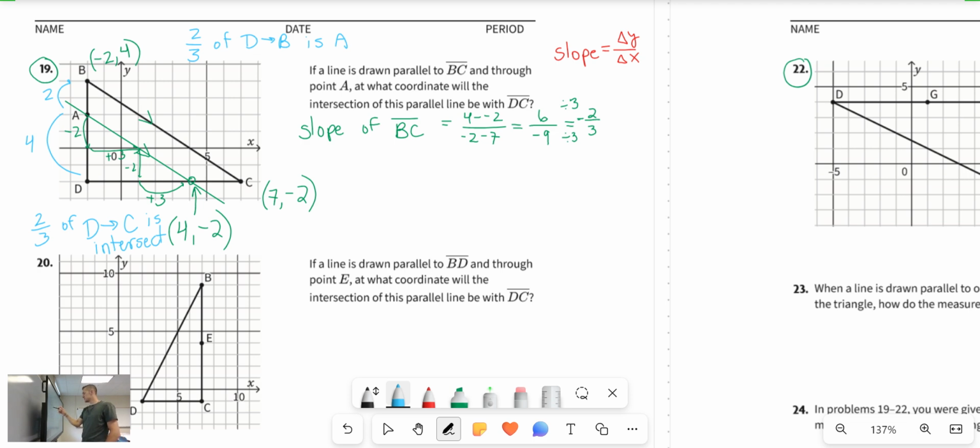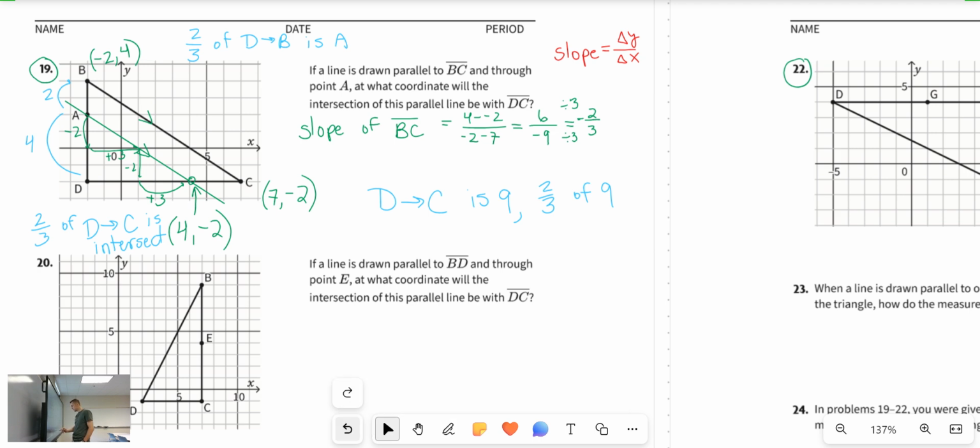So how far is it from D to C? It looks like it is 9 total. D all the way to C is 9. 2/3 of 9 is 6.